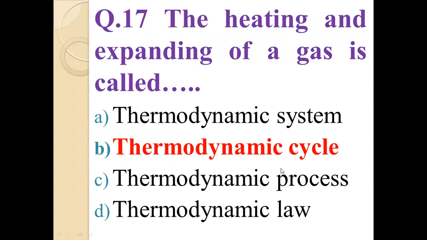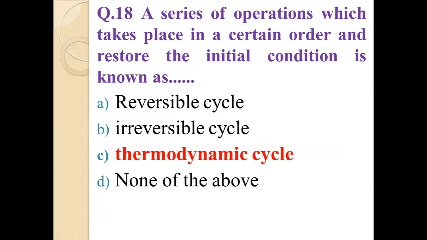Now we will move towards question number 18. What is question number 18? A series of operations. See friend, the series of operations which takes place in a certain order. Let us suppose a series of operations.